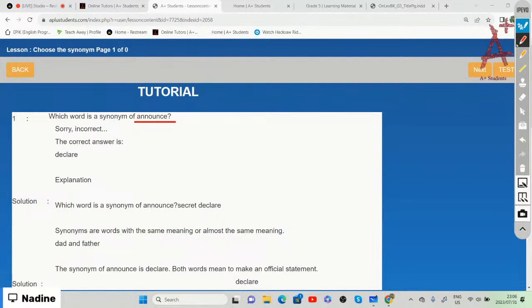So you can say I announce that something has happened, or I am declaring that something has happened, right? Which means that the synonym of announce is declare. Both of these words basically make an official statement.